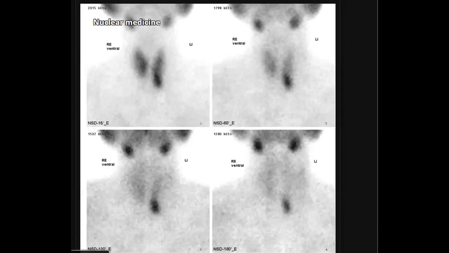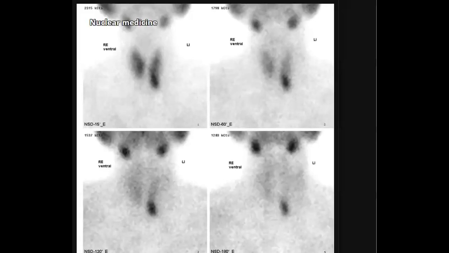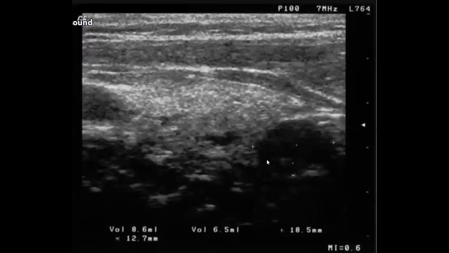In such a case, it is nice to mention that you will correlate with ultrasound. This is a good approach that you should mention. Then you also confirm your diagnosis and your concern about parathyroid adenoma.